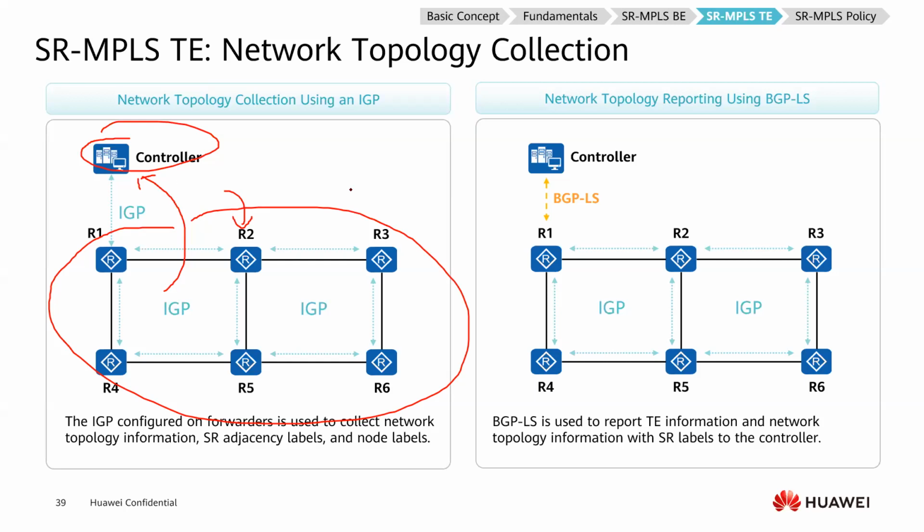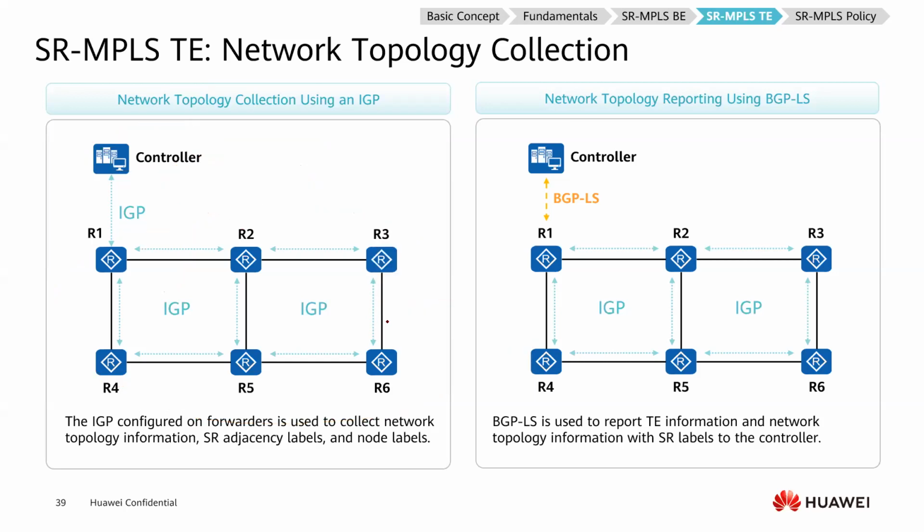But this is not recommended, because in a real network you may be facing an inter-AS network. There's another AS. Should I still configure the IGP? No, we will not use it this way. So this is seldom used.